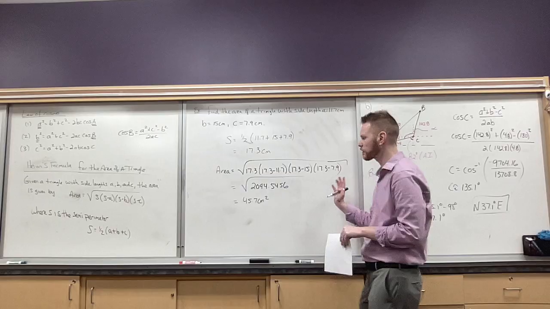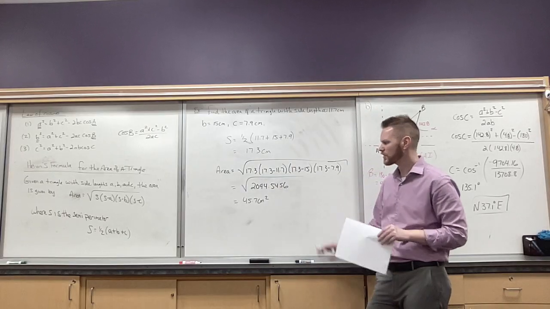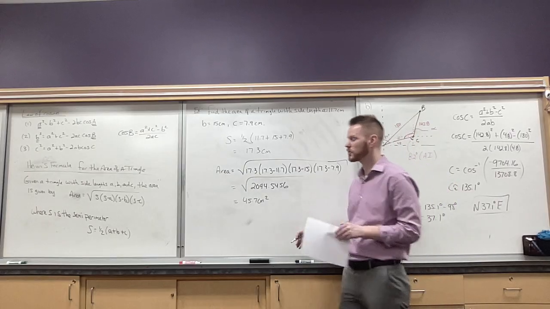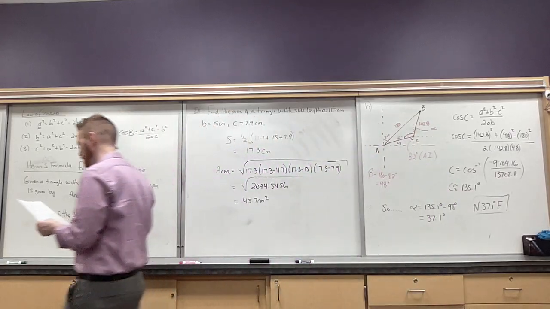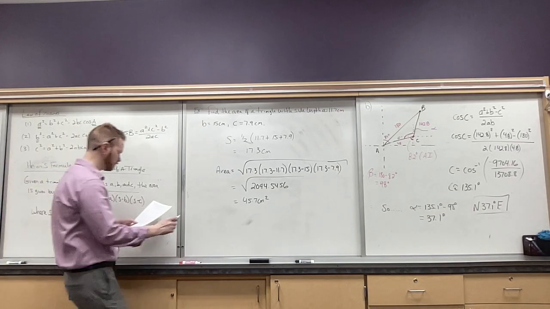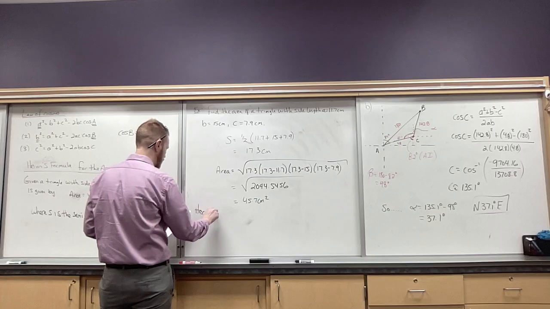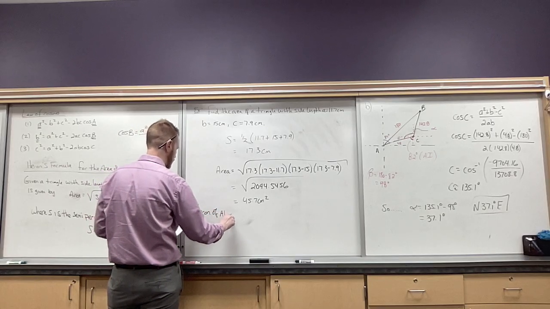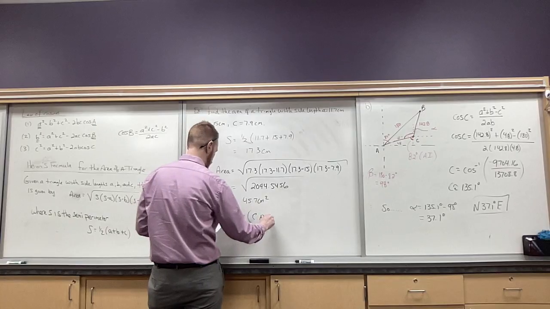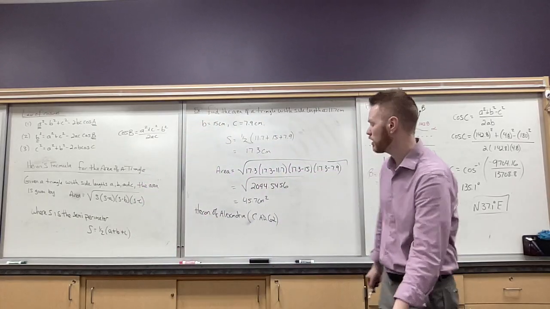And again, this comes from using law of cosines to derive it, just a cool tack-on at the very end of the lesson. Heron's formula, just to give a shout out, is named after a mathematician. He was a Greek mathematician, Heron of Alexandria, and he found this just using law of cosines.